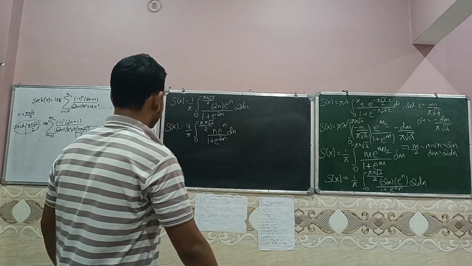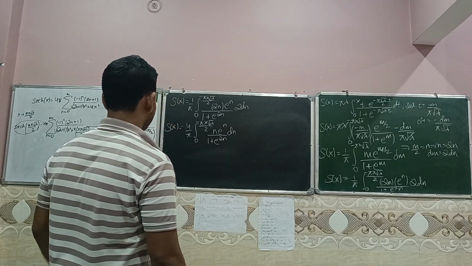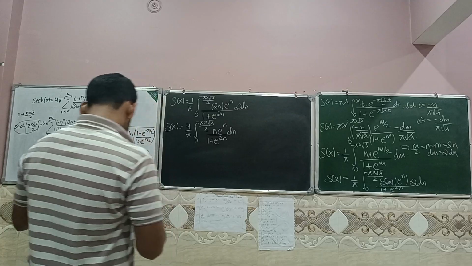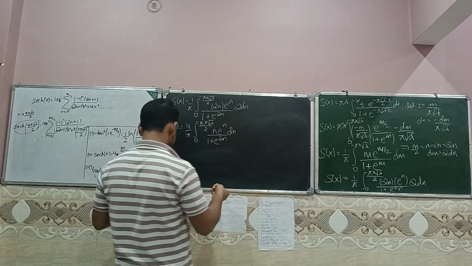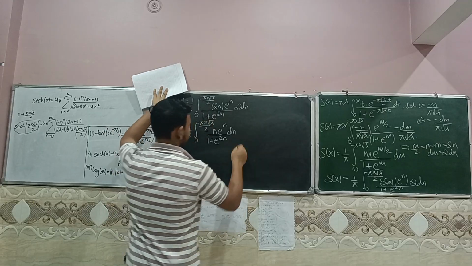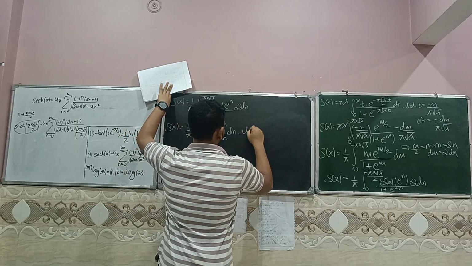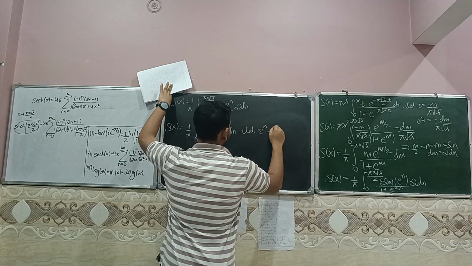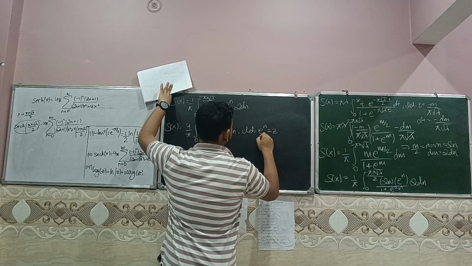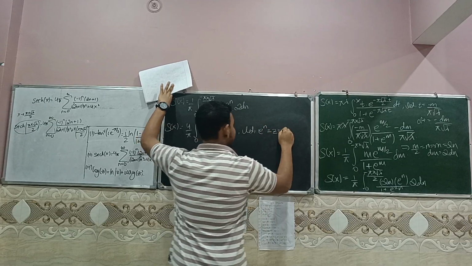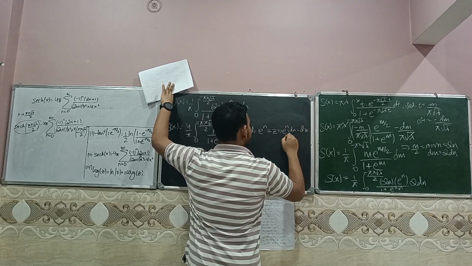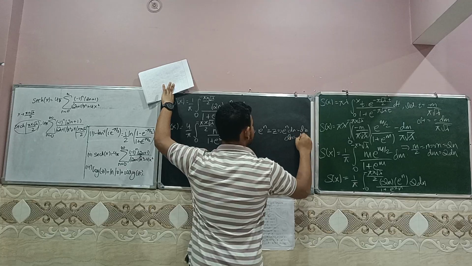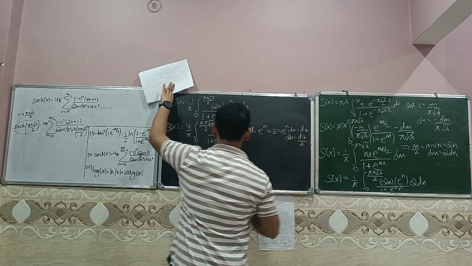Okay, and now what we are going to do is, let's say e to the n equals z. Another last one, I think. Let e to the n equals z. So this implies that e to the n dn is also dz. It means dn is dz over z, right?